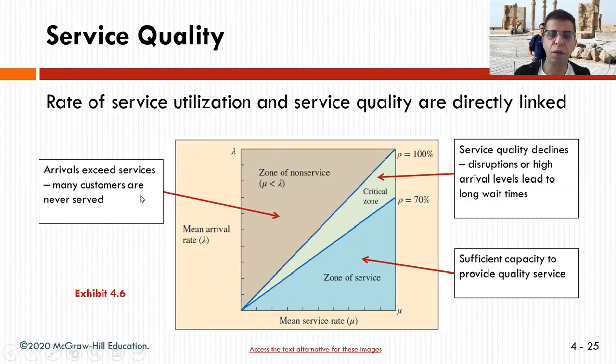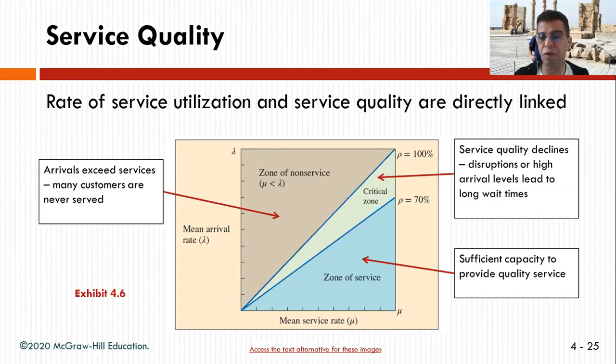You need to calculate the mean of arrival: how many people come at what time, so the average arrival rate. And then you need to calculate the mean service rate. For example, if I can do one service every 5 minutes, or every half hour, you need to calculate this average. And you need to balance them.